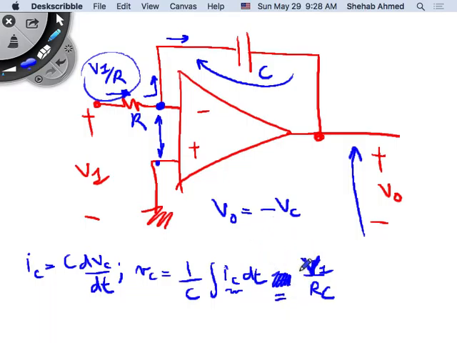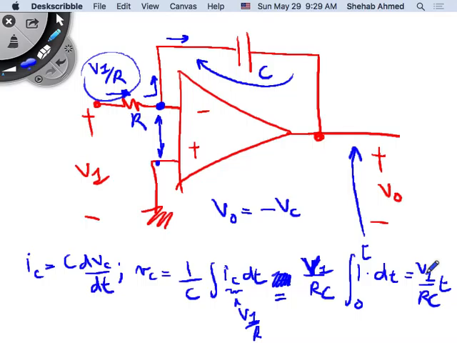What is the current? The current is VI divided by R. Both of these are fixed values, so I take them outside the integration. So what am I left with inside the integration? 1 times dt. Integration from 0 to t is equal to VI divided by RC times t.